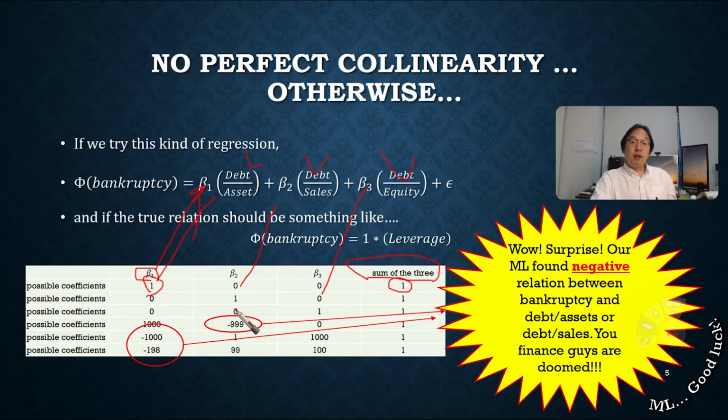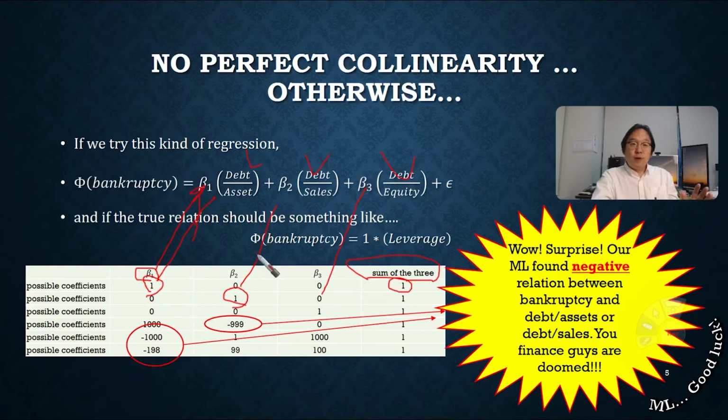Sometimes you may face that the coefficient for the second variable is 1, whereas the other 2 are 0. In total, it will be 1. Sometimes the last one will be 1, total will be 1, the remaining 2 will be 0. In any of these cases, it's kind of funny in the first place, right?